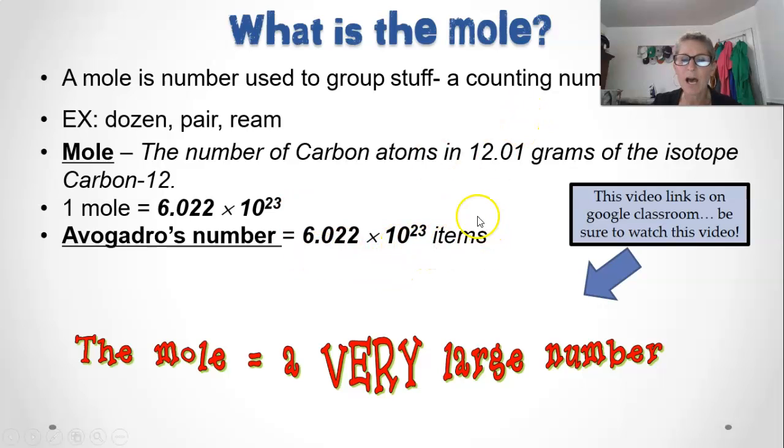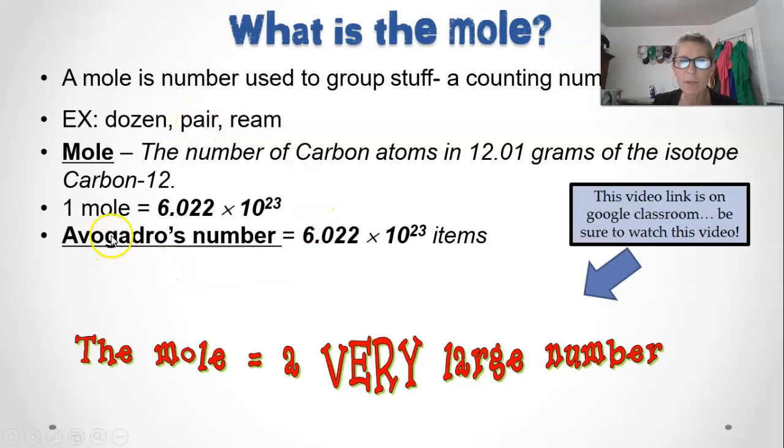So notice I have items behind the 6.022 times 10 to the 23rd. Just like I could have a dozen shoes, a dozen donuts, a dozen eggs, a dozen Snickers, or a pair of shoes, a pair of gloves, a pair of socks, the items that are paired up change.